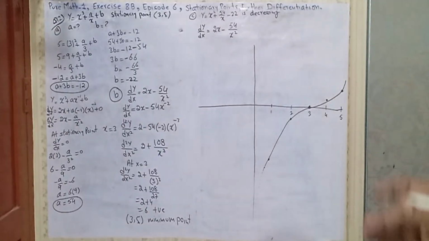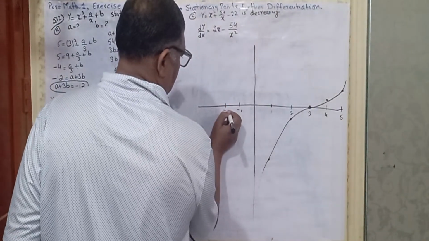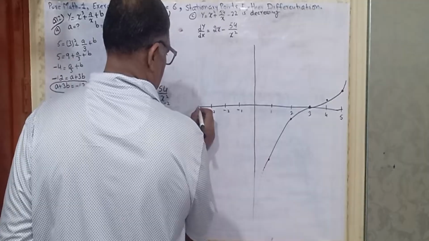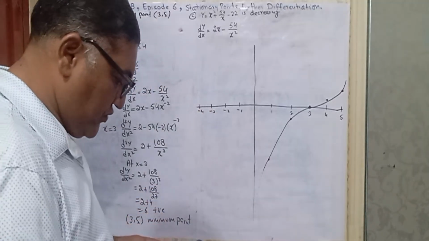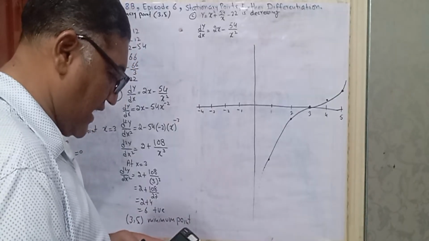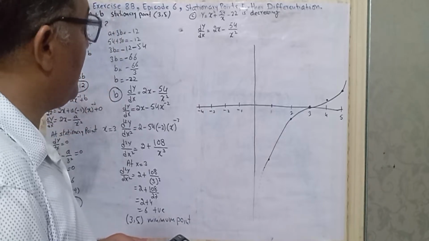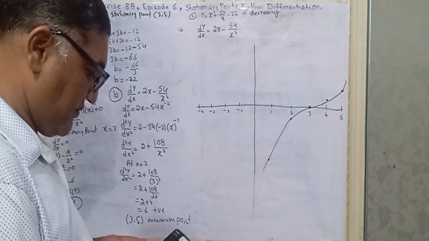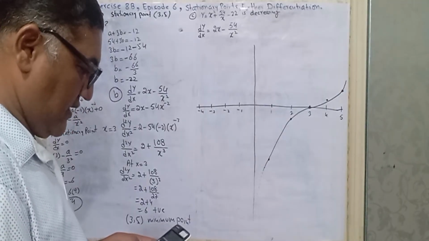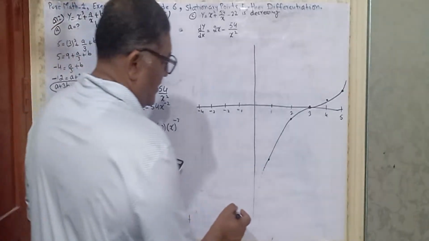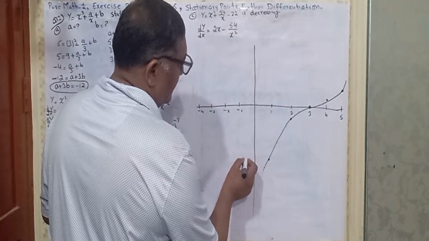Now I will put some negative values, we will see what happens. Suppose -1, -2, -3, -4. Let me put 2 times (-1) minus 54 divided by (-1) squared, and equals, the value is minus 56 here somewhere.